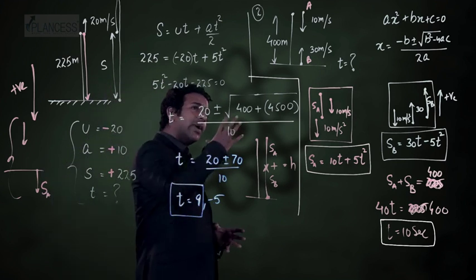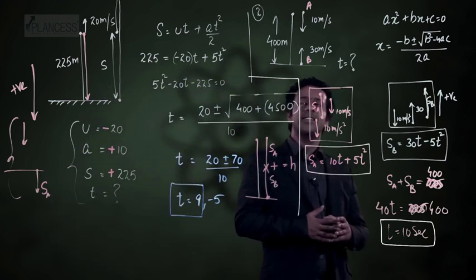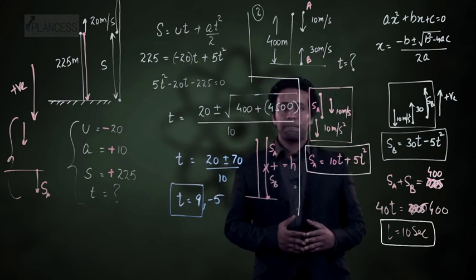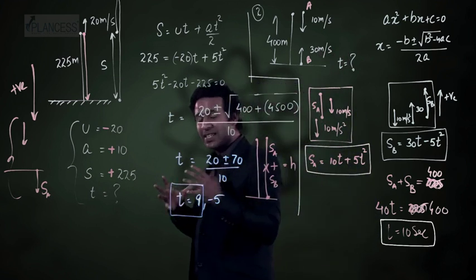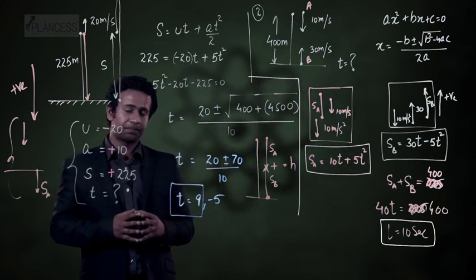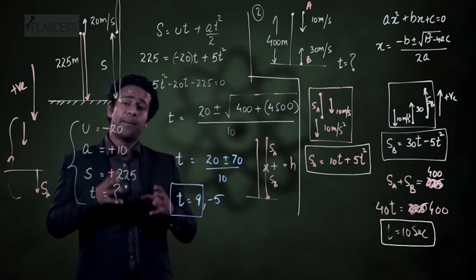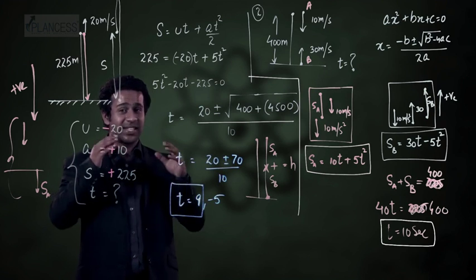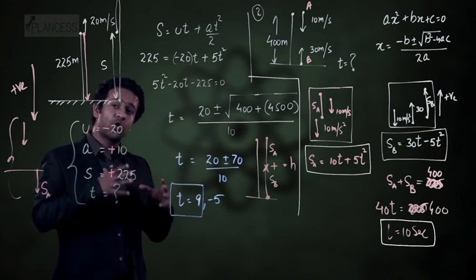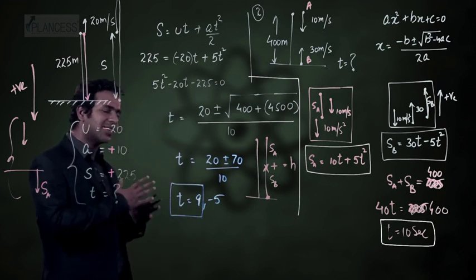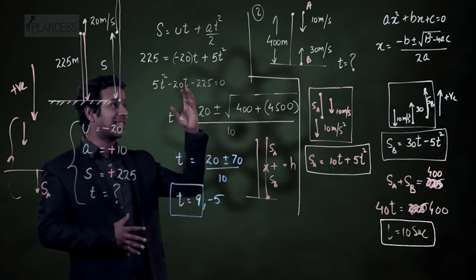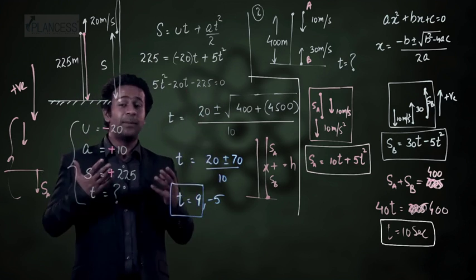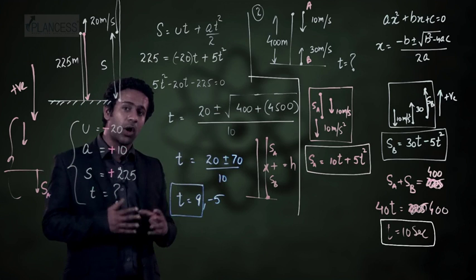Right. So in this case, what happens is that A and B both have the same acceleration downwards. Right. They both have an acceleration of 10 meter per second square, which is downwards. So since they both have the same acceleration downwards, if you ask A, he would say that B is not accelerating at all.